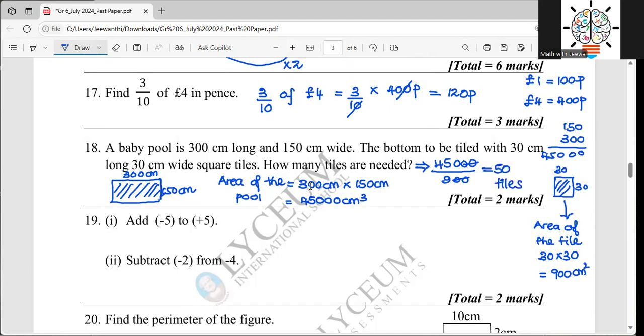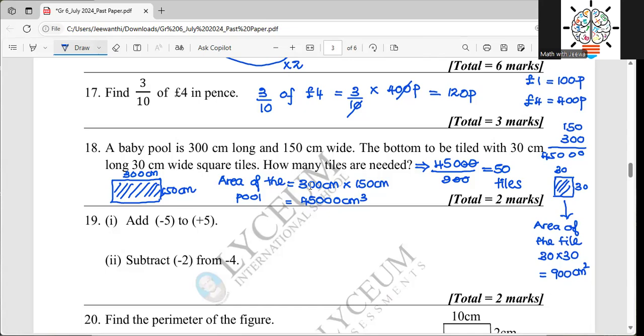First you find the area of the pool. 300 into 150. When you multiply 300 by 150, it gives me the answer 45,000. That is the area of the pool. Then I find the area of a small tile. 30 into 30, it is 900.